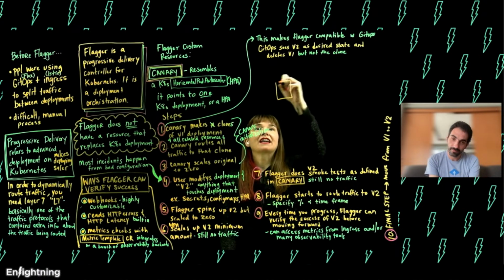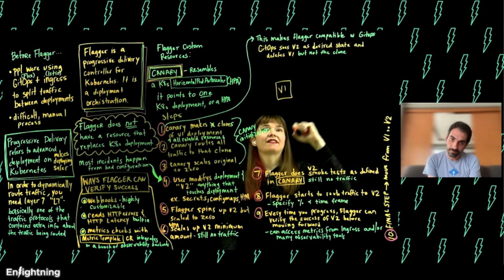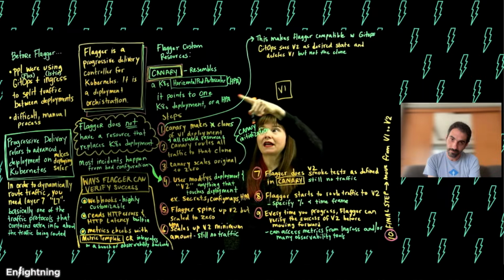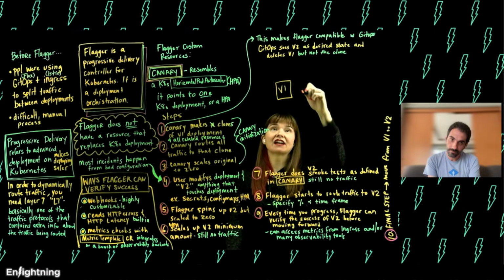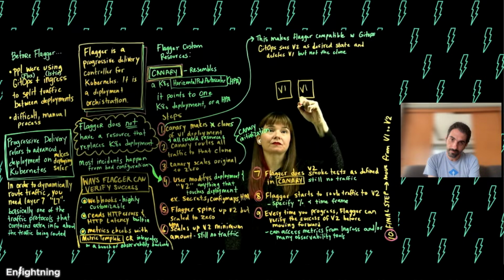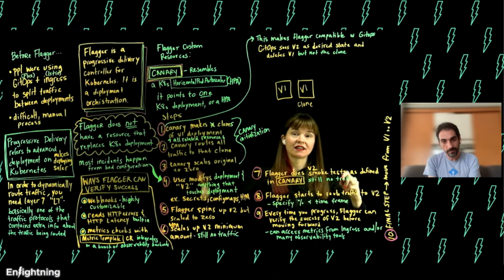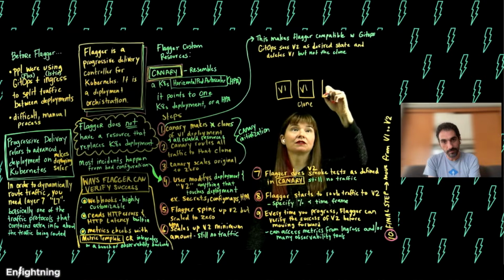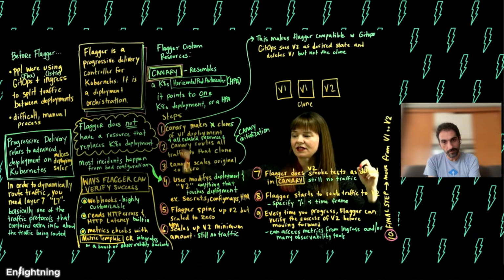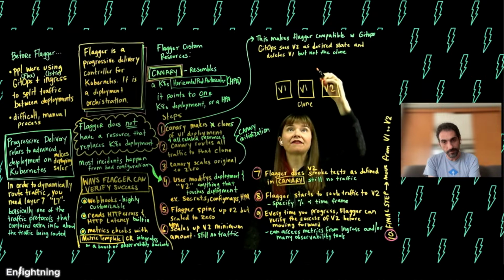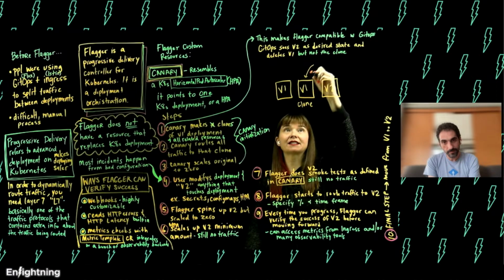Okay, so we have V1, and it's referenced in the canary deployment, so therefore there's a V1 clone. And then anything changes, so then we have a V2. And then based on this whole process, traffic slowly gets moved from V1 to V2.